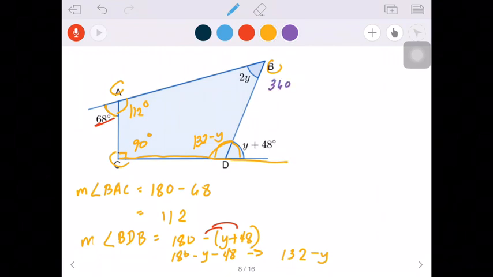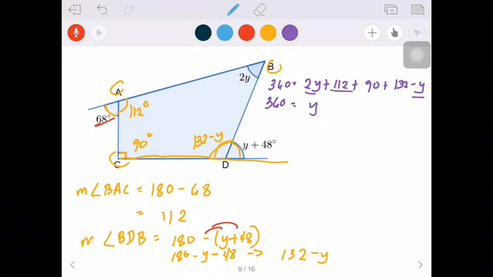360 equals 2y plus 112 plus 90 plus 132 minus y, and that would be our equation. Simplifying the terms, we have 2y and a minus y here. That would simply be y.